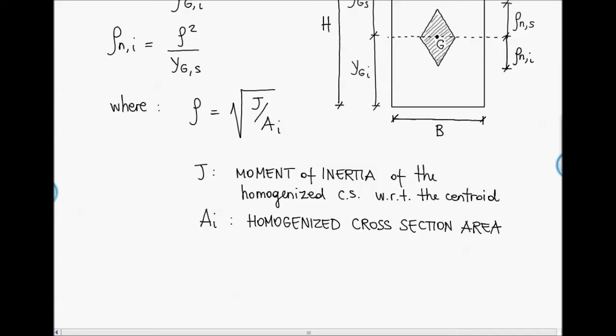For the rectangular cross-section, if we consider only the concrete for sake of simplicity, we have that G is centered, so YGI and YGS are equal to half of the height of the cross-section.